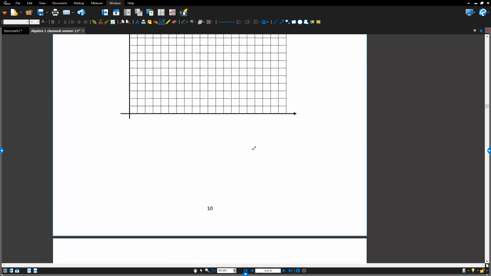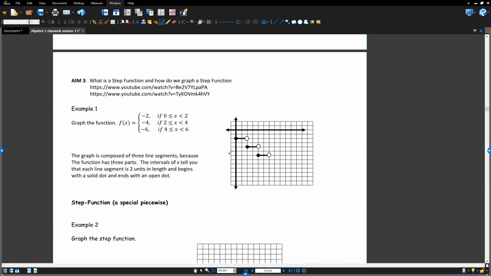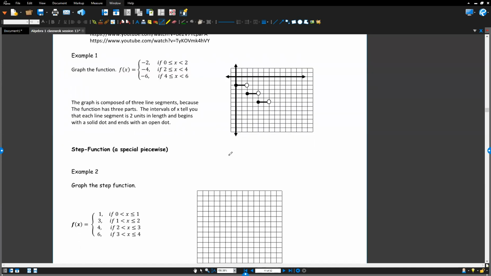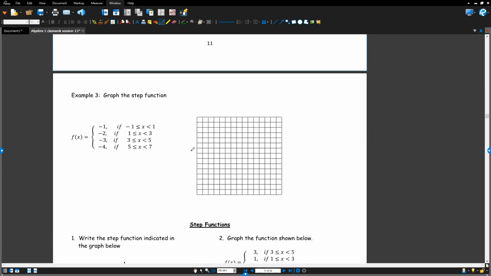So I'm not going to do number 5. You guys can try this one, okay? Step functions. Okay, I'm going to skip this one. If you score, okay, we can do this step function next time.